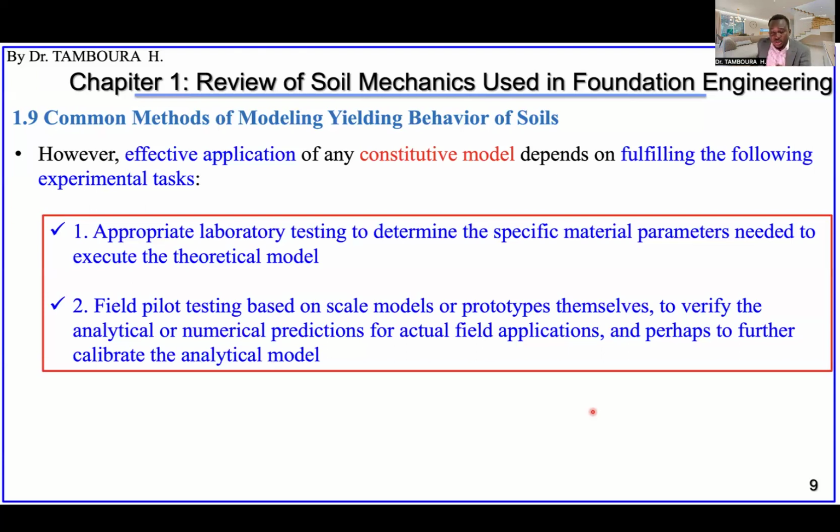What you have in your computer, in your PC, is not really the actual capacity of the pile. It's just approximate. However, once you validate the model, the numerical model, with the field test result, then you can make sure that your numerical model is good.